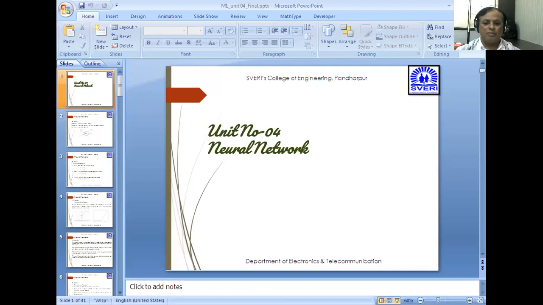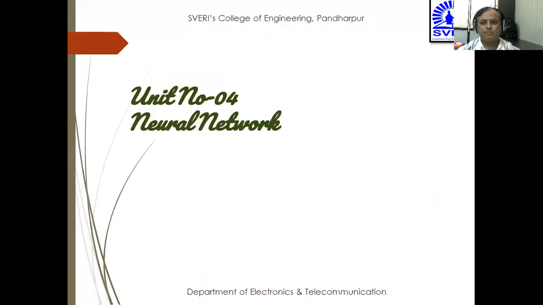Now one by one we are going to see what a neuron is, how this neuron works, and whether it works in the similar way as the network works in a brain. How the neurons work in the brain, is it the similar concept of working of neurons in the neural network?